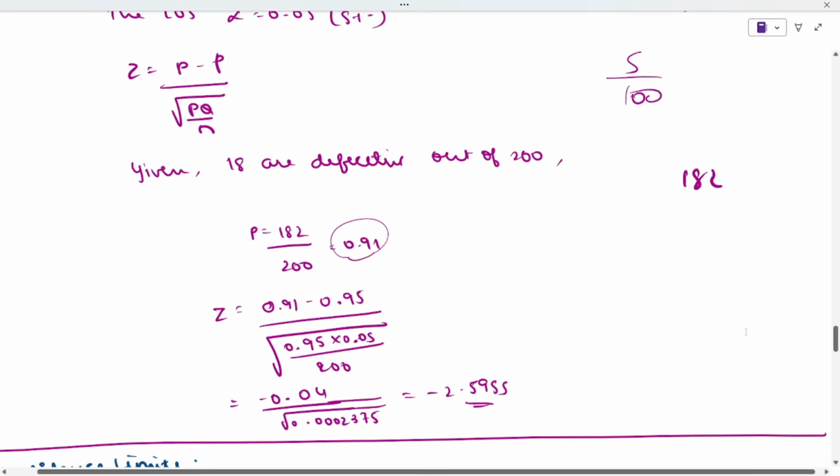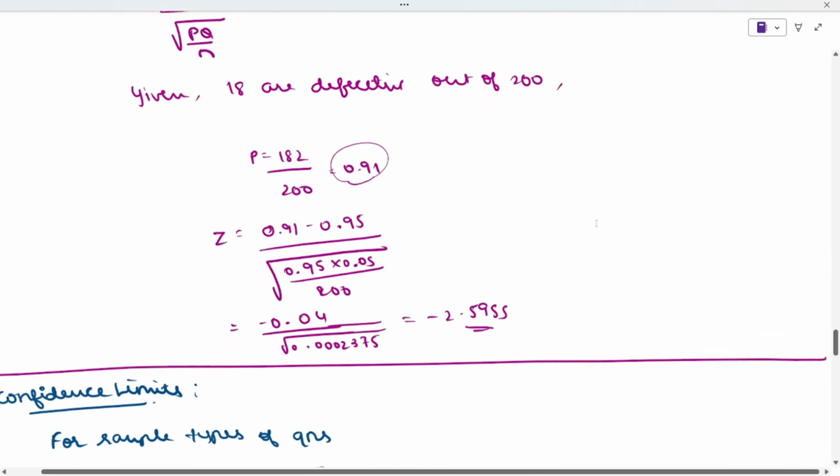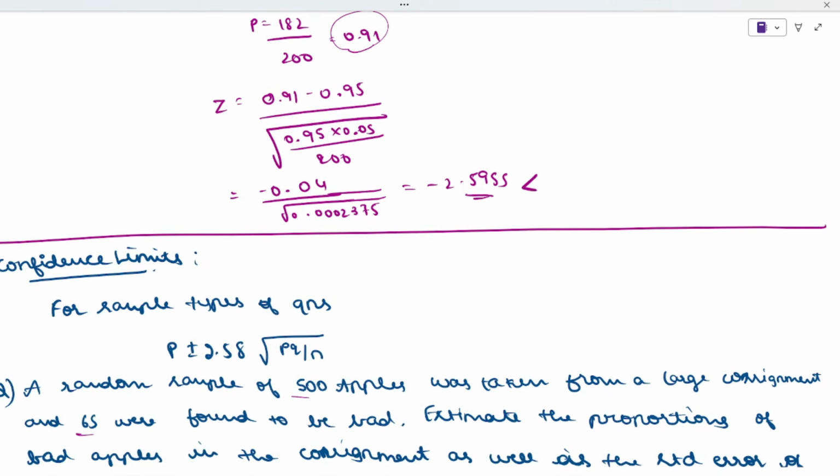This is also, we will check for the test at 5% level. That is less than 1.96. Minus 2.5955 is less than 1.96.